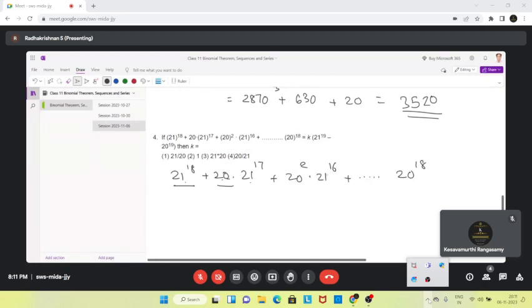Again it goes on like that. In the end, the 21's exponent goes on decreasing, so that the sum always remains 18. So finally 21's exponent becomes 0 and 20's exponent becomes 18. So it is simply a geometric series.